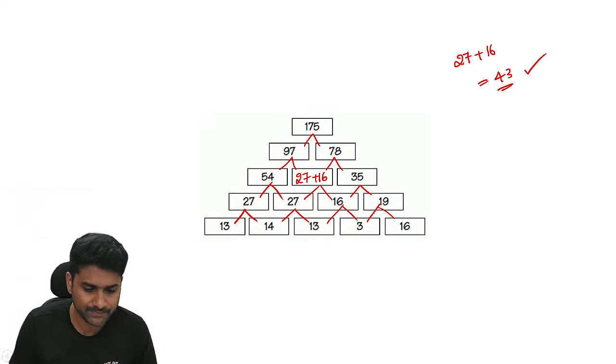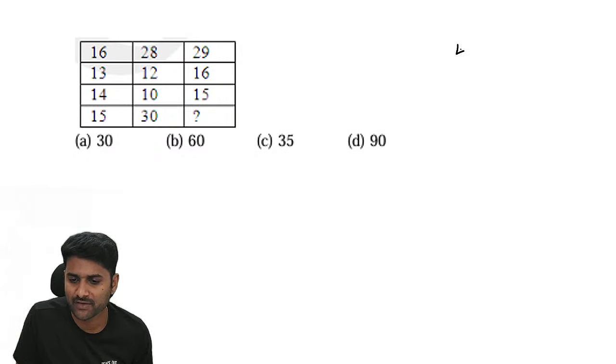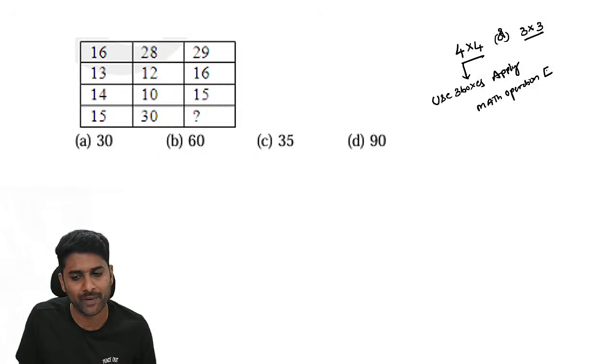43. Ramesh, good. Next, guys, if you check with a 4 into 4 grid or 3 into 3 grid, understand the concept. If it is a 4 into 4 grid, use any three boxes and apply a mathematical operation, any math operation, either a single operation or two operations at a time, like addition, subtraction, division, and multiplication.